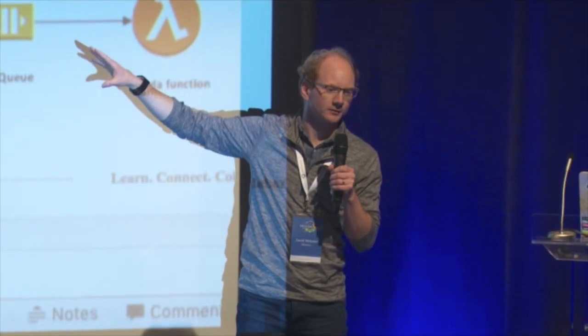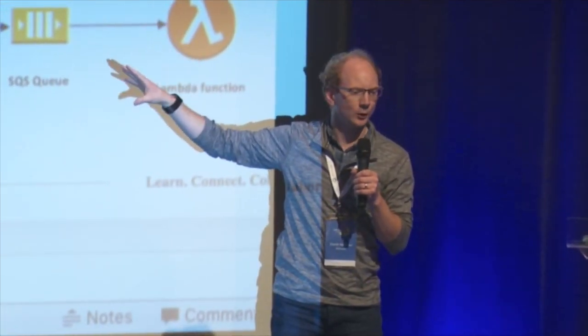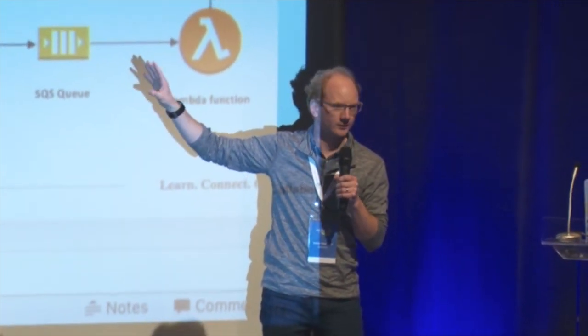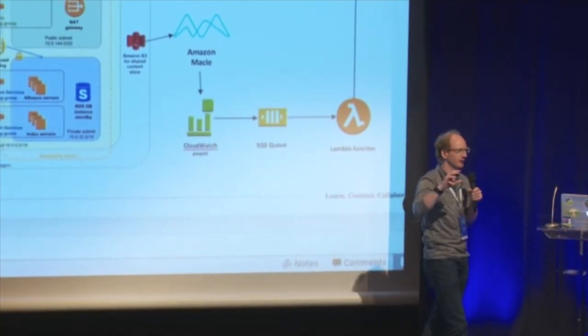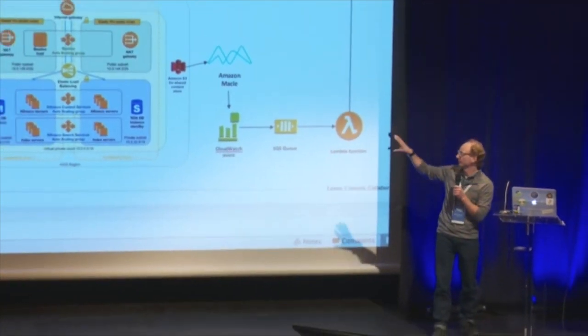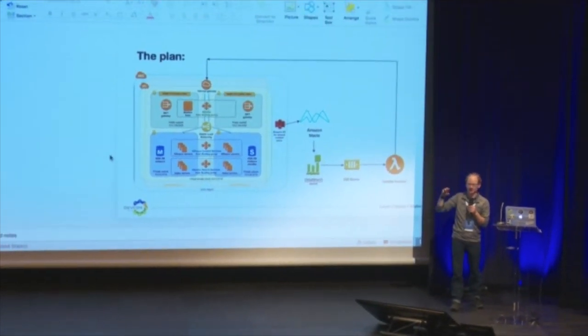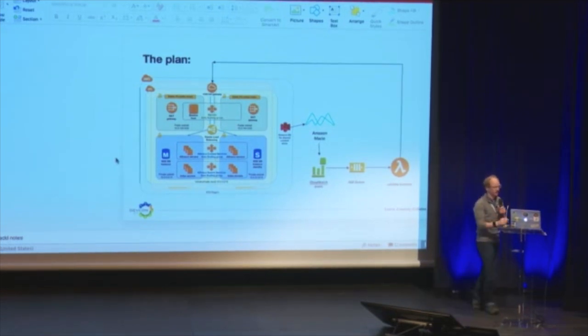So the plan I had was that big picture on the right of the screen, your left, that's the quick start for the ACS repo. That's not particularly relevant for this demo, except for the S3 bucket. Once content's in S3, Amazon Macie can then pick it up and do stuff with it.